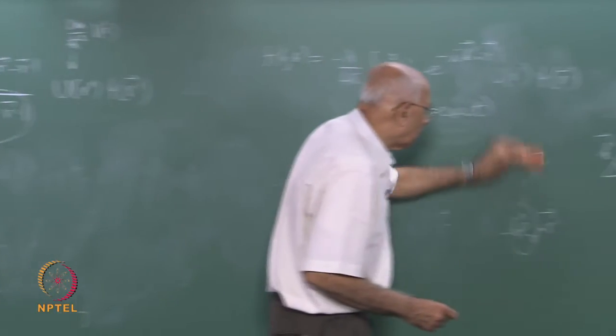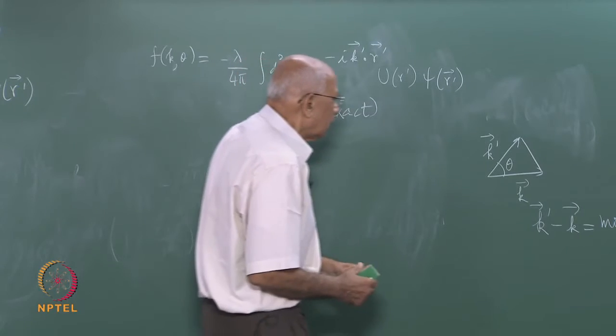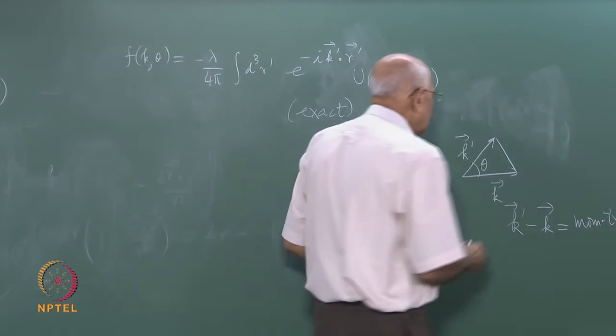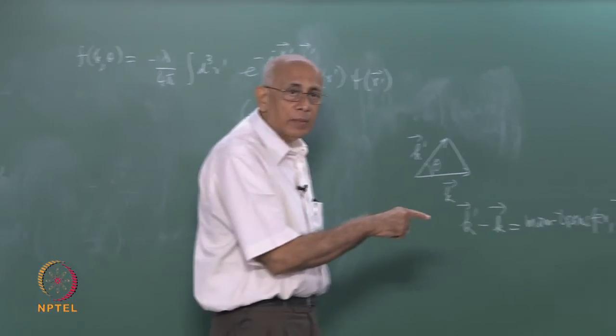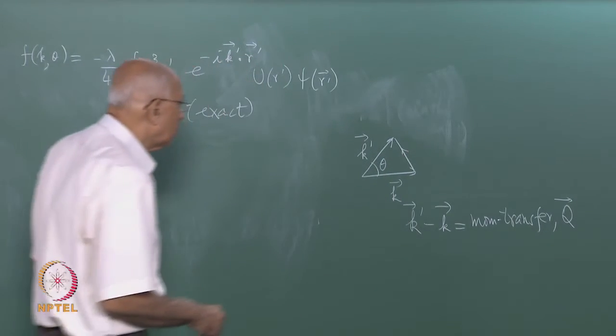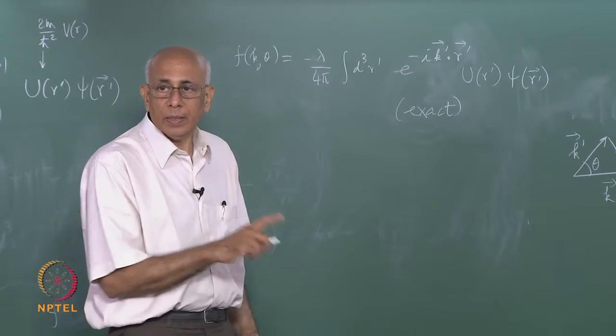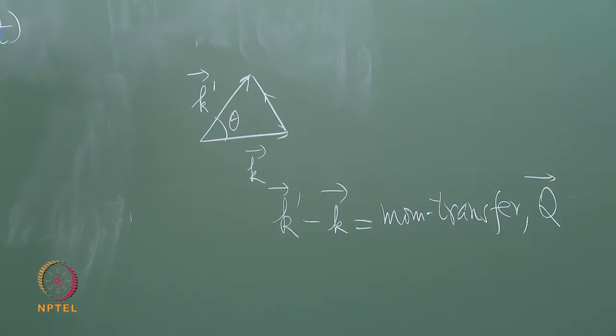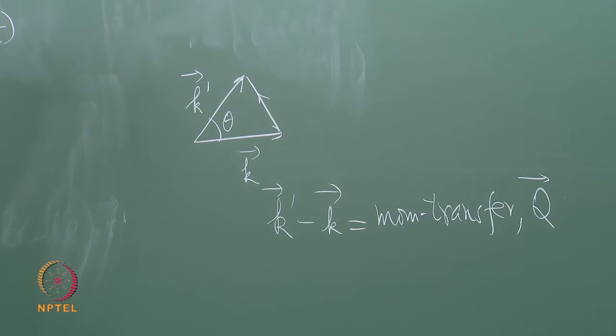Oh, just one small thing before that. Let us try to express this vector k prime minus k, this guy here, the vector q, in terms of k prime and k. So the momentum transfer, I would like to express it in terms of the scattering angle.